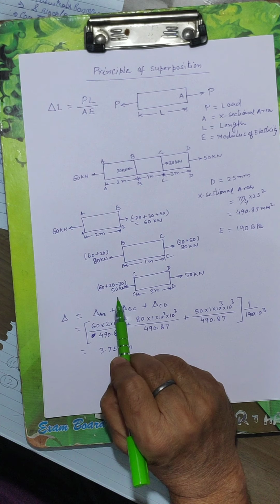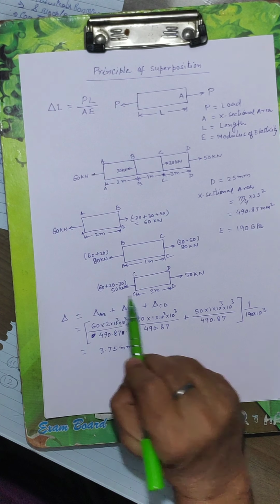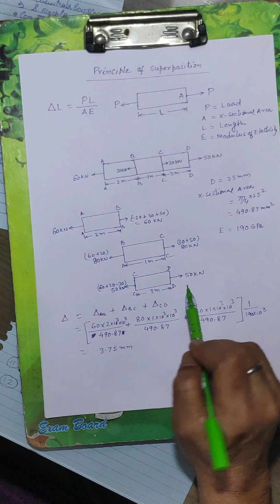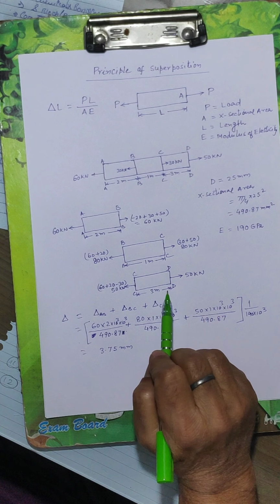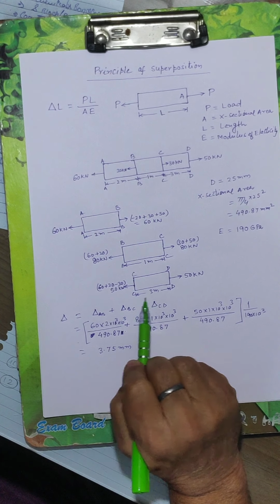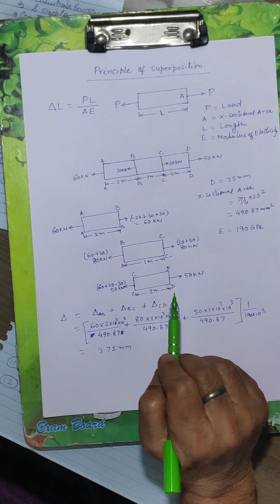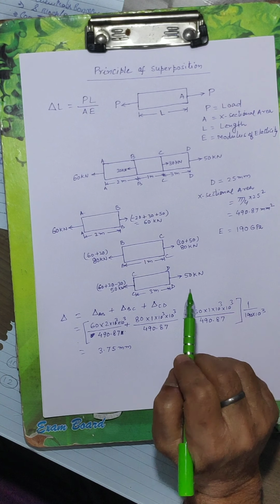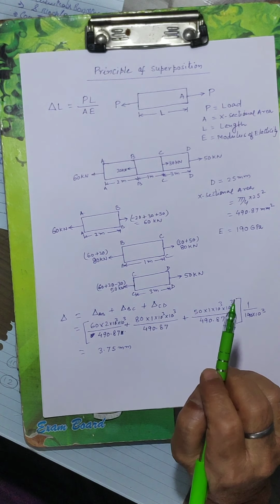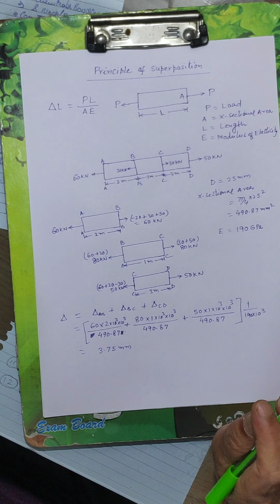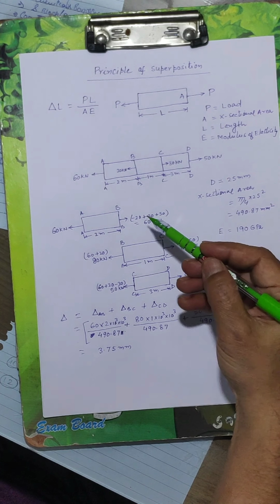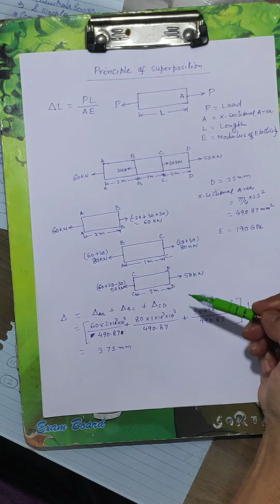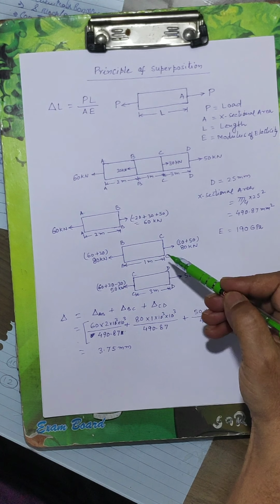So net is 50 kilonewton. And at section DD, 50 kilonewton. So the portion CD of this body is subjected to 50 kilonewton tensile force. These three are free body diagrams: AB, BC and CD.